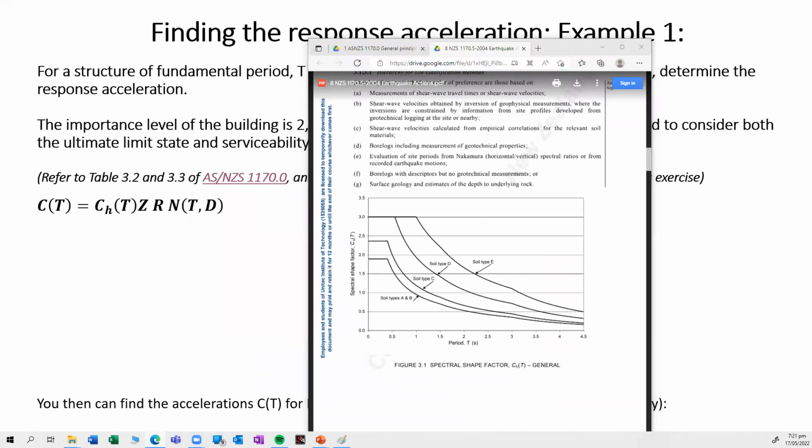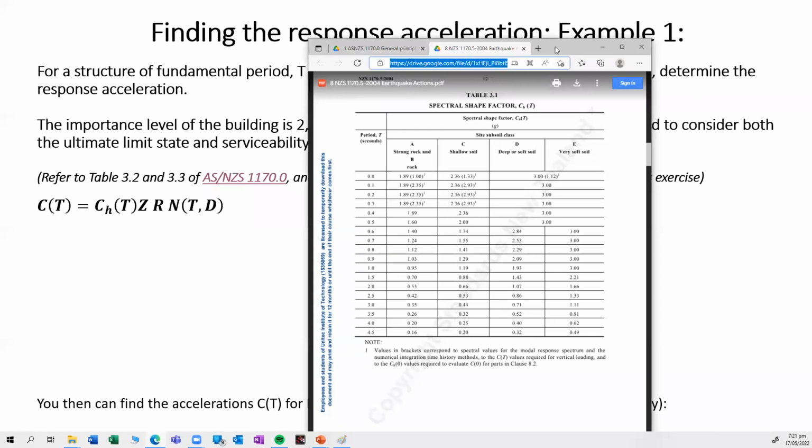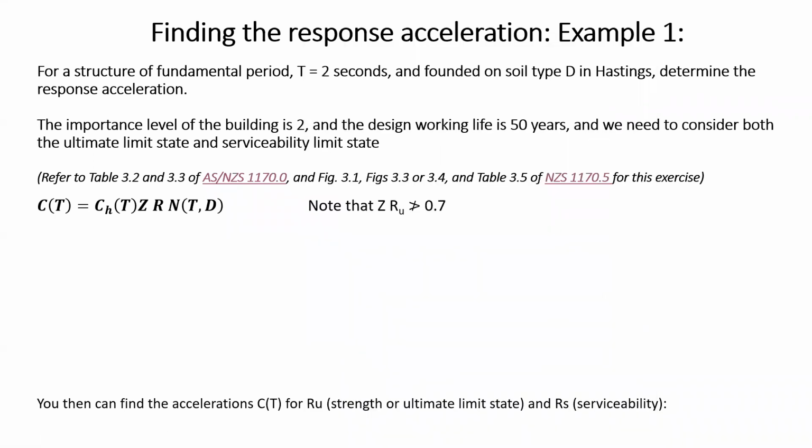So what we've got is, we've got Z, we've got the return period for ultimate, return period for serviceability, but that's different from the return period factor, so it's a little bit confusing. So just, that's 25, that's 500, and we've got 0.39 for Z. Now I want you to find CHT, which is the site hazard spectra. Okay, so go to figure 3.1 or table 3.1. Okay, so do that, find CHT.